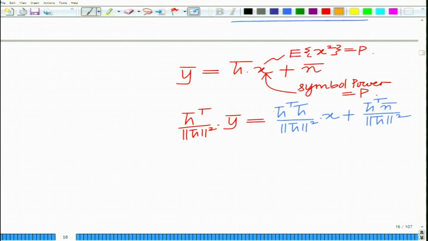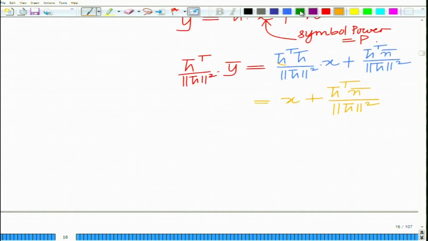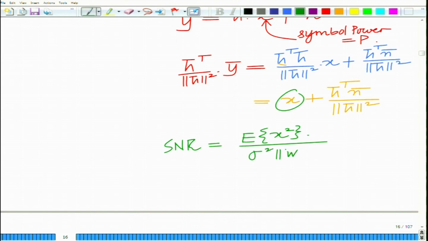Now, if you see this H bar transpose H bar, that is norm H bar square divided by norm H bar square, which is 1, and that is indeed true because we ensured that the signal gain is 1. So, this is x plus H bar transpose n bar divided by norm H bar square. Therefore, the SNR at the output of the maximal ratio combiner is simply signal power, that is expected value of x square, by noise power, but we know noise power is sigma square times norm W bar square.